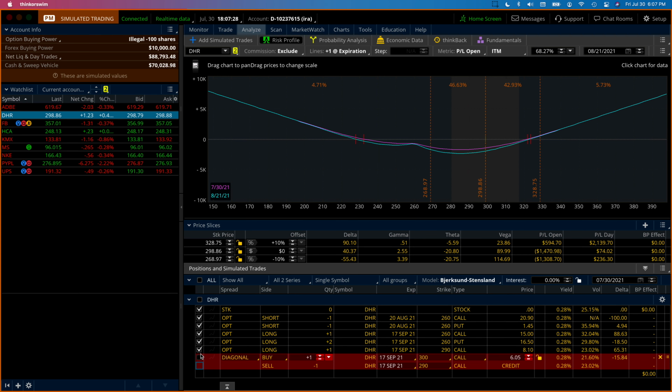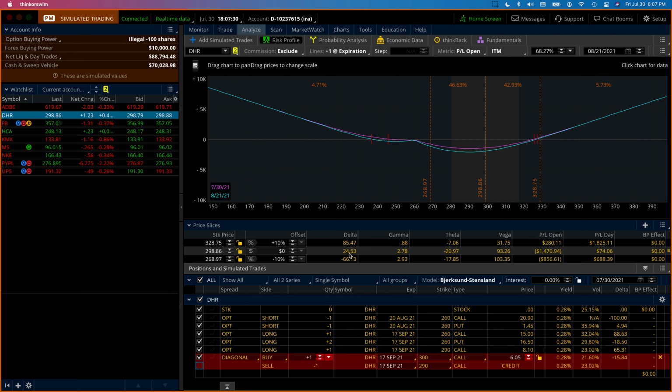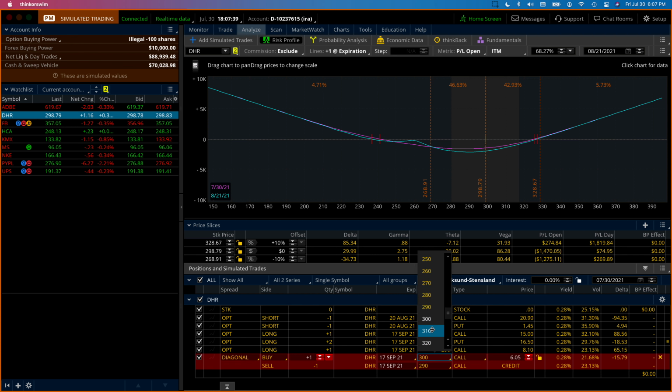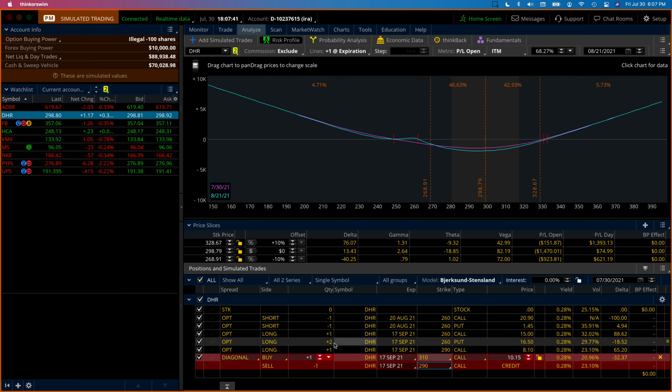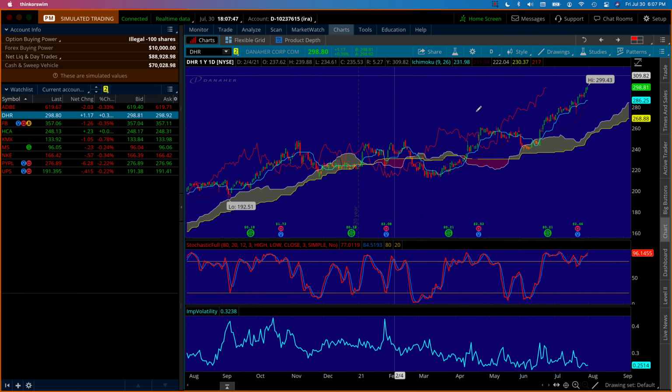Without it, we're at 40 delta. With it, we are neutralizing our deltas just a bit. You can even neutralize it more if you say, oh no, this stock is way overextended, it's going to begin to fall. You can go to 310, and that gives me more credit, and my delta is more neutralized. Take a look at the chart. Do I want to do that?